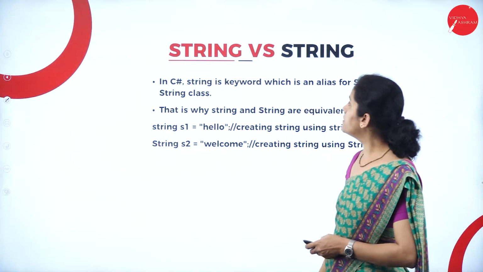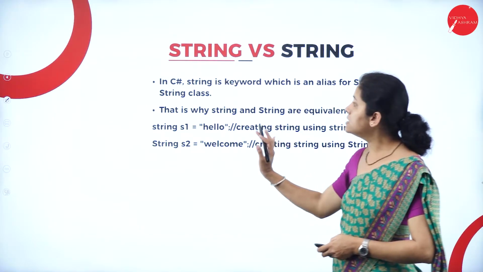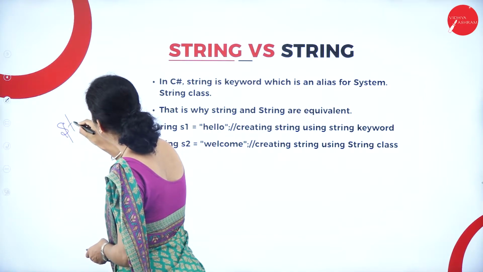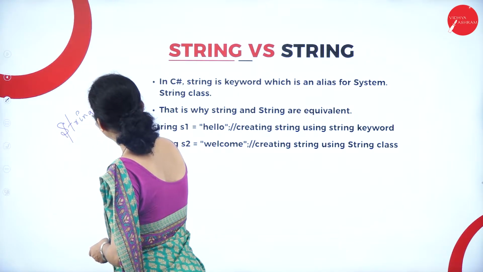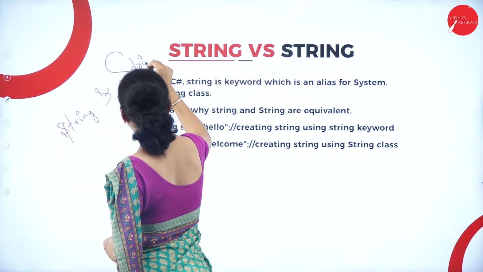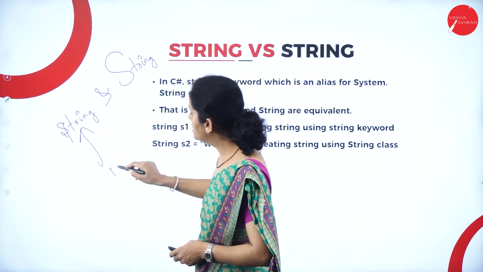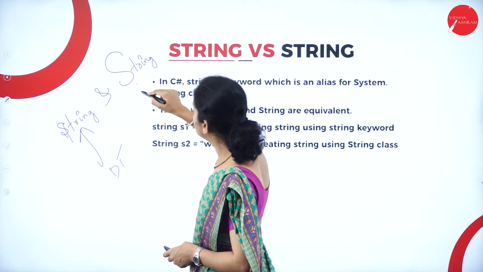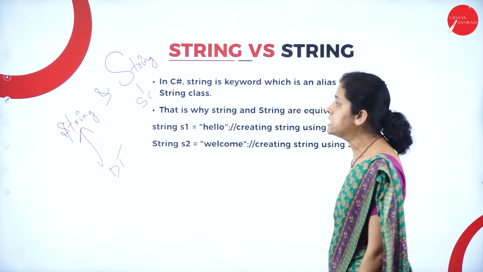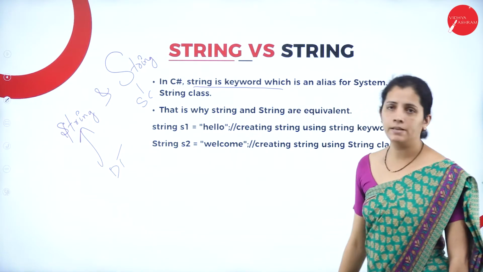Now, what is the difference between string and String? So it is small letter string. So the difference between small letter string and the String class. Okay, this is my data type, and this is nothing but the String class. So dear student, in C#, string is a keyword.